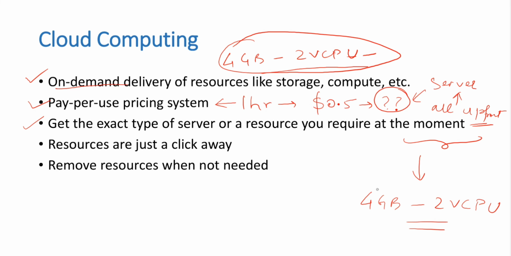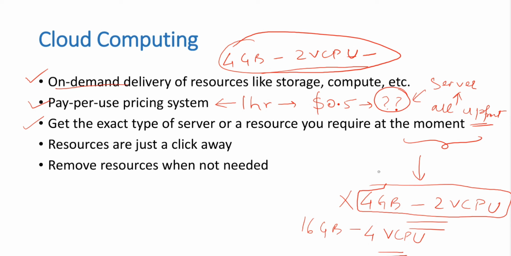And if after a few months the load gets increased, then I can get a computer with 16 GB having 4 virtual CPUs or anything that I require at that time, and I can discard this server. So I will pay for the amount of time which I have used it. But in case of traditional IT, I would have to keep it or sell it, and I would have to pay the entire price when I was purchasing this item.